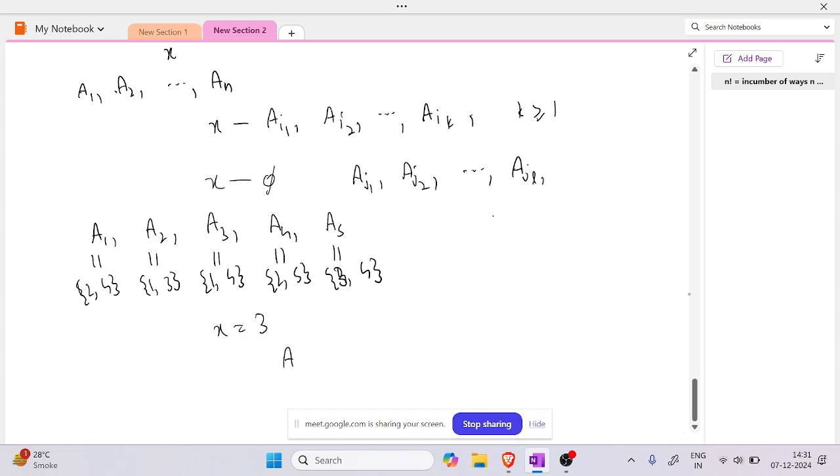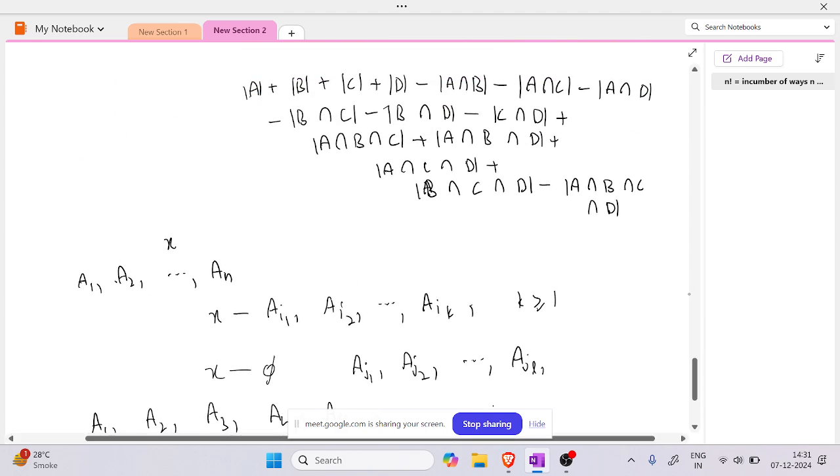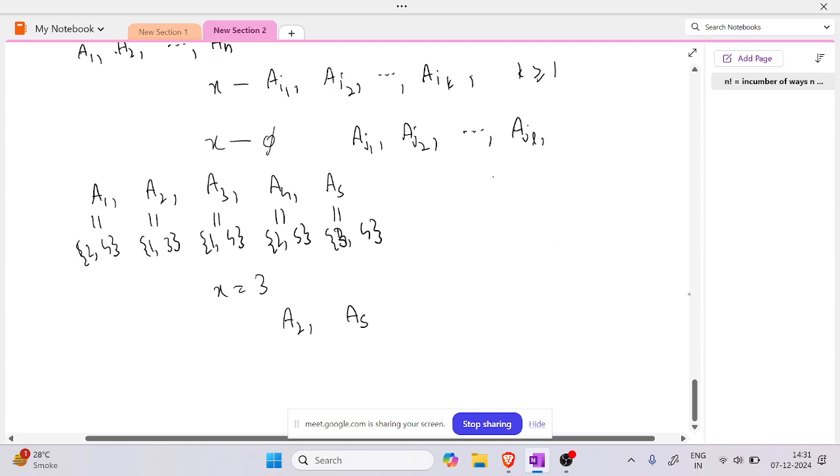So it appears in A2 and A5. And notice that here we are always considering intersections. So x will only appear in an intersection when it appears in all the sets that we are taking the intersection of. So for example, if we take the intersection of A2 and A3, x will not appear in that. And even when we take the null set, x will not appear in that.